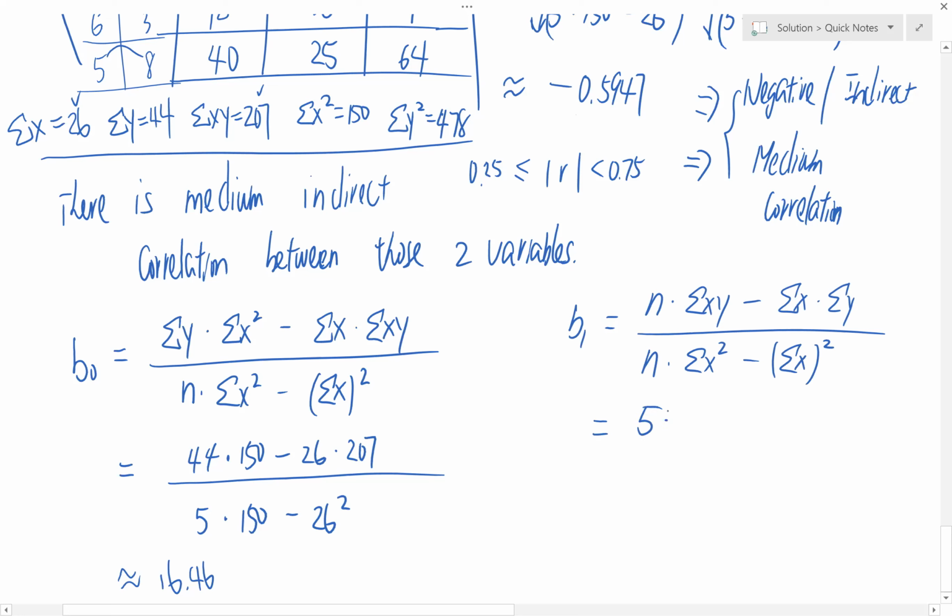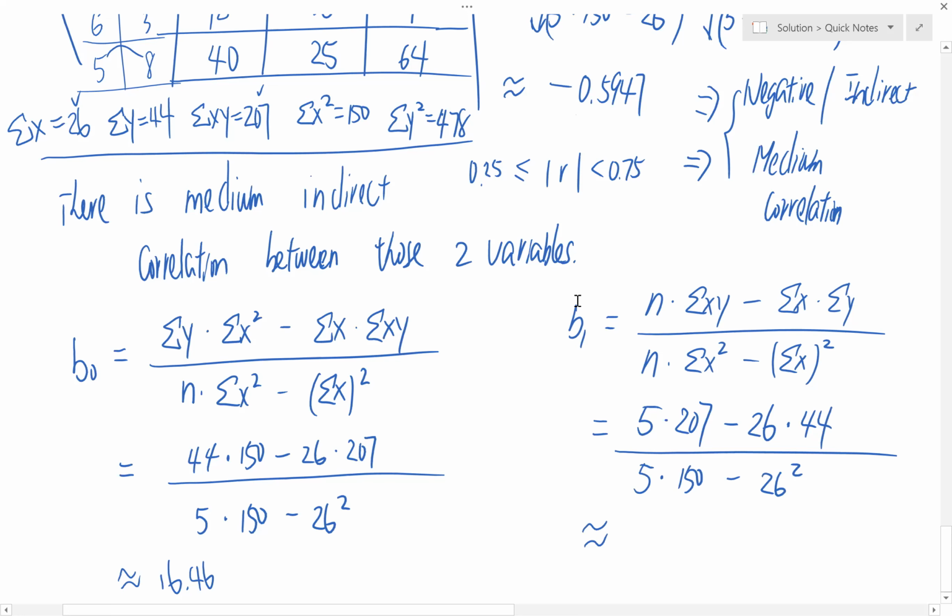So 5 times total of xy is 207 minus total of x 26, total of y is 44. Okay, and divide by 5 times total of x squared is 150. Notice that the denominator will be the same, right? Minus 26 squared.